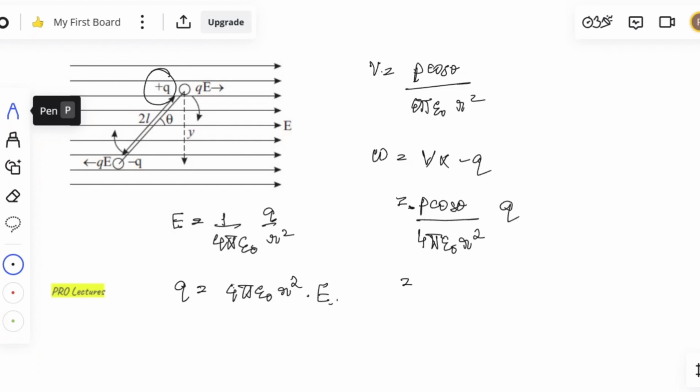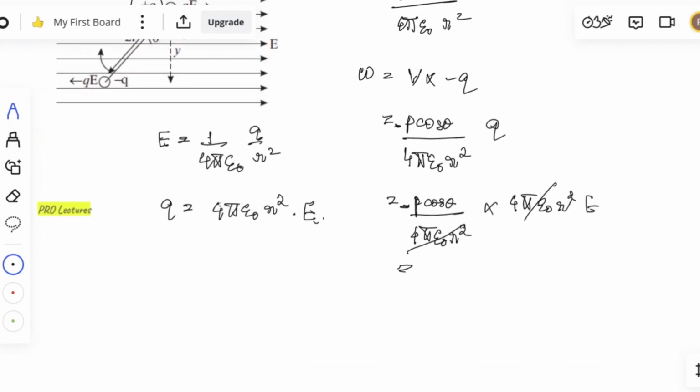Substituting this for Q, it can be written as R square into 4 pi epsilon naught R square E. We have the negative sign. Cancelling this part, we get minus PE cos theta.